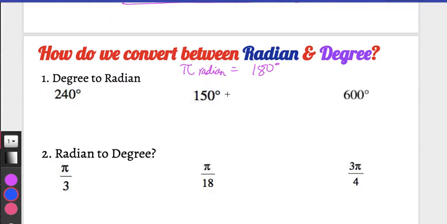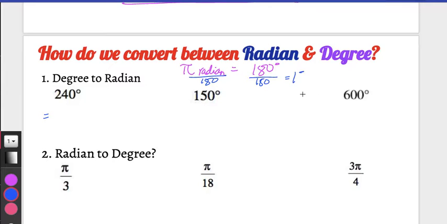I'm going to convert 240 degrees to radians. Since I know pi radians equals 180 degrees, if I divide both sides by 180 degrees, then I know 1 degree is the same as pi radians over 180.